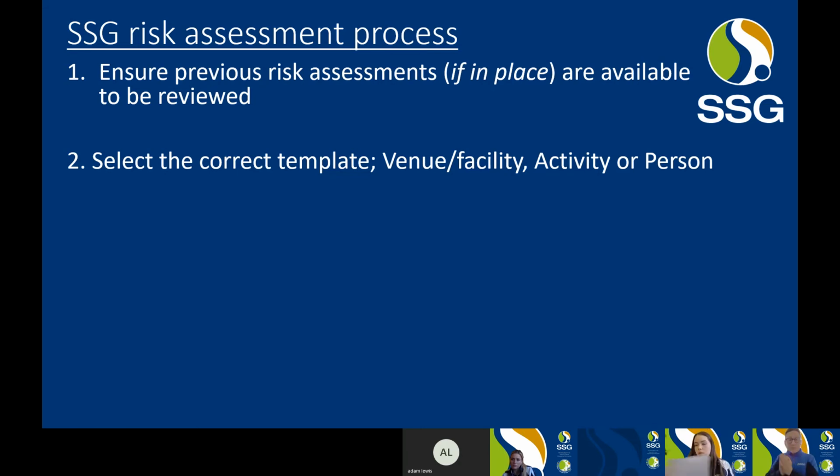It may even be that they're pregnant, and we need to formally risk assess them doing their job at work to make sure we've got everything in place to support that person through their pregnancy without putting any potential risk to them.